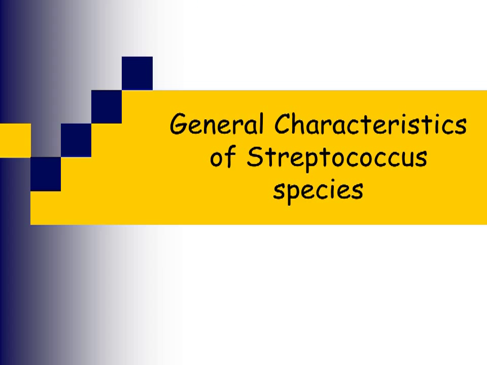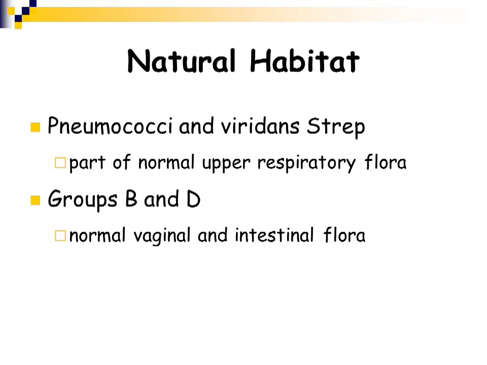The general characteristics of all of these Streptococcus species: the pneumococci, or Streptococcus pneumoniae, and the Viridans streptococcus, they are both alpha hemolytic organisms, and both are part of the normal upper respiratory flora. So you're going to find these in the oral cavity, the oropharyngeal cavity of the human respiratory tract.